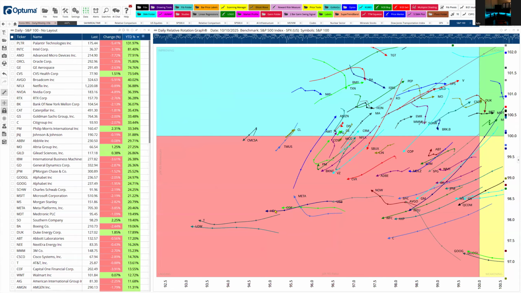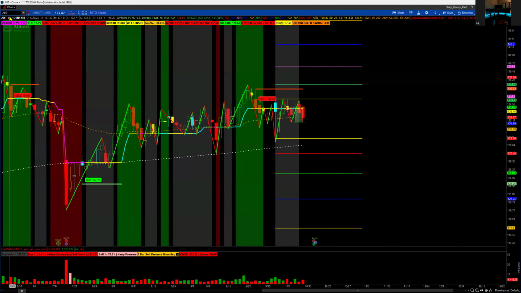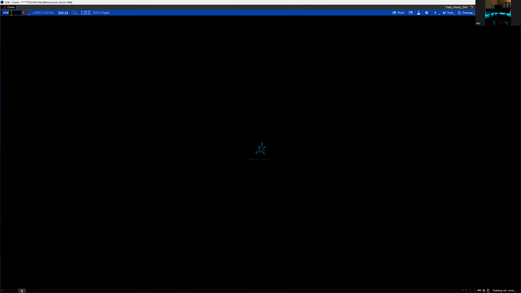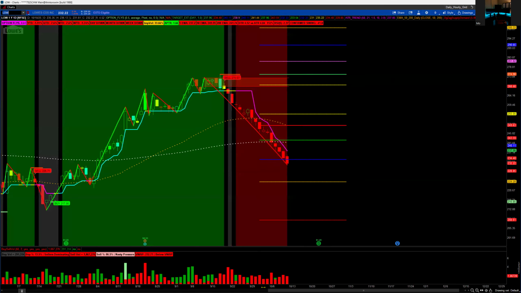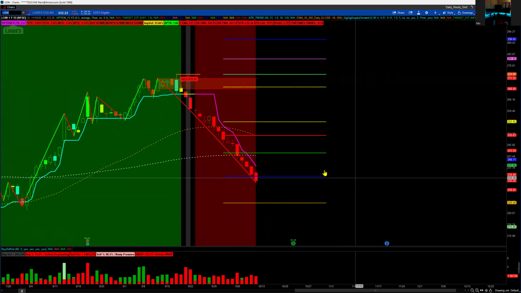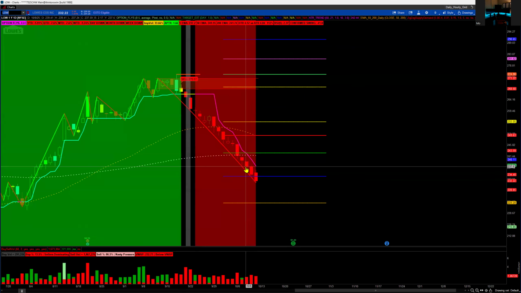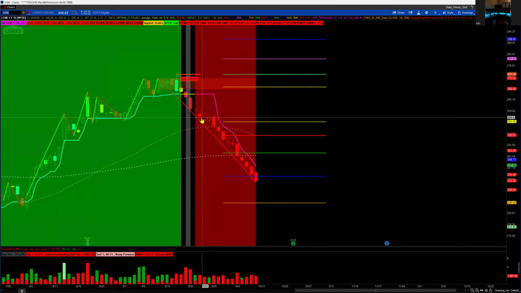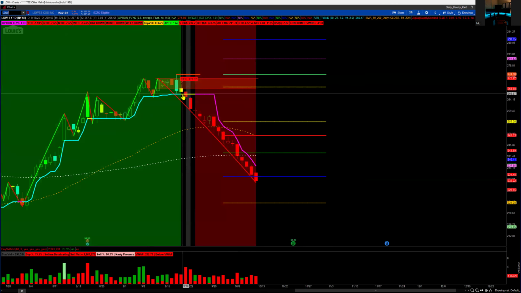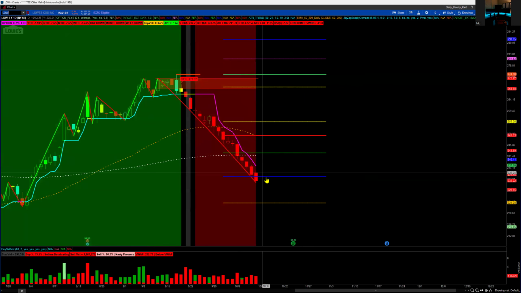Look how flat this line is. Look at this one, the chart. This thing is down like 11, 12 days now. 3, 4, 5, 6, 7, 8, 9, 10, 11, 12, 13, 14, 16. Yeah, 16, 17 days.